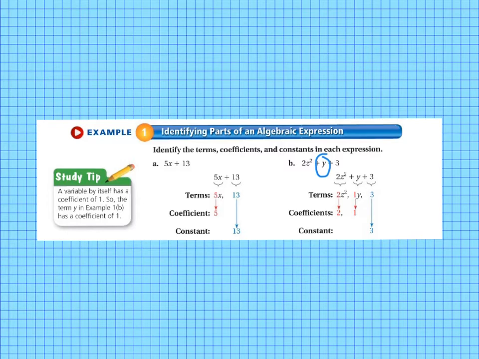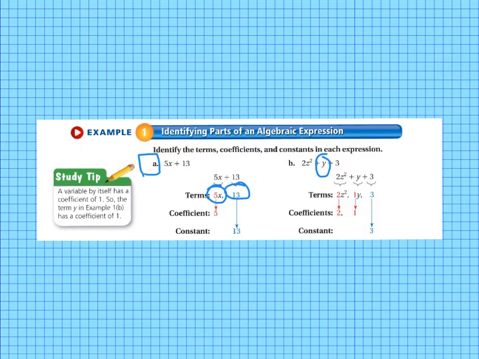So let's take a look at example 1a. 5x plus 13. The terms in this expression are 5x and 13. So you can think of the terms in an algebraic expression as everything in the expression except for the operation symbols. So 5x is a term and 13 is a term.